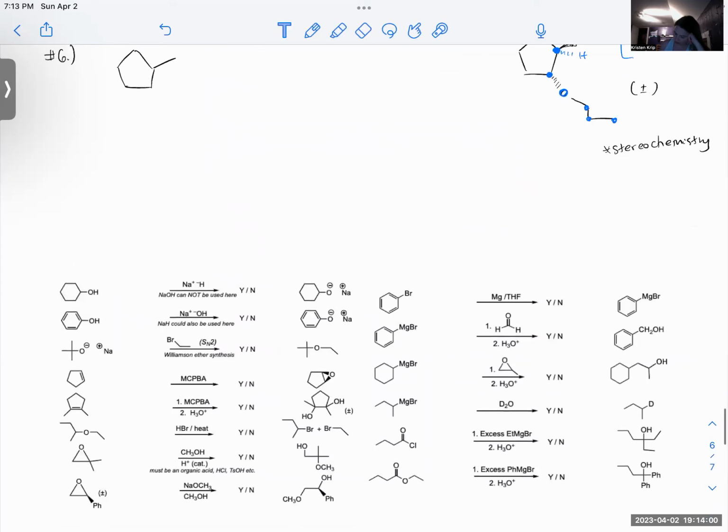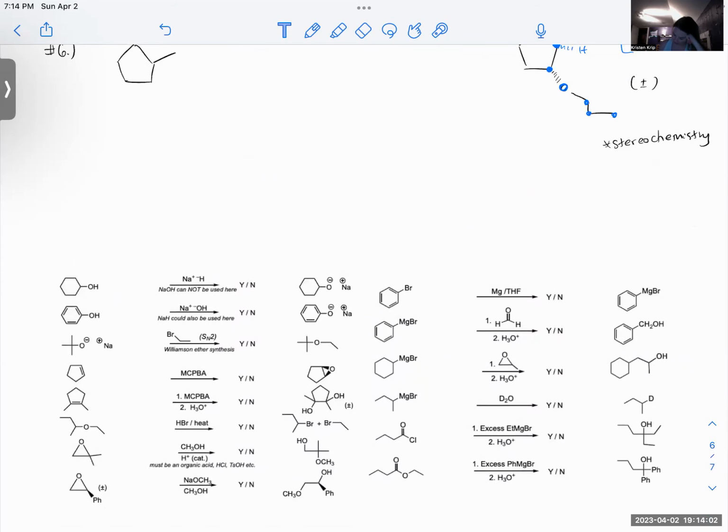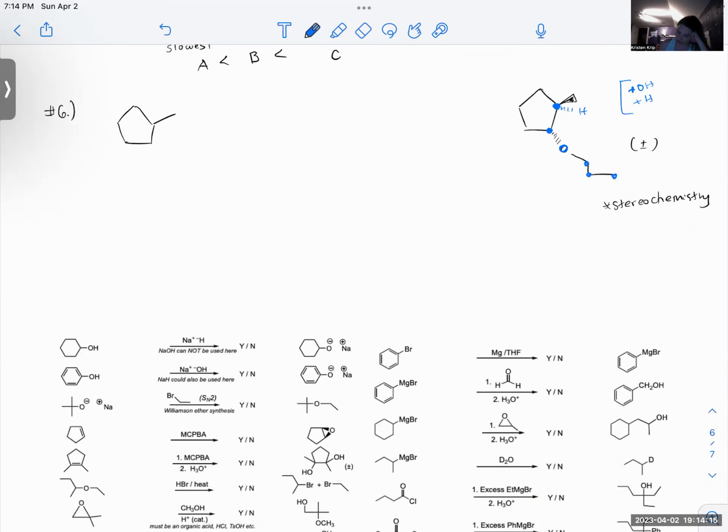All right. So we might want to think about retrosynthesis and cutting the molecule, right? Probably, can you add an epoxide here to get the oxygen?